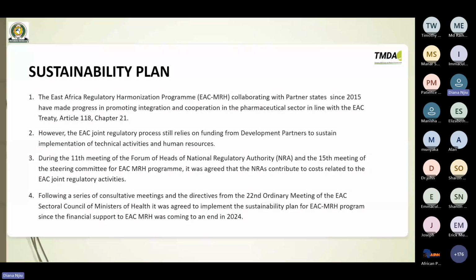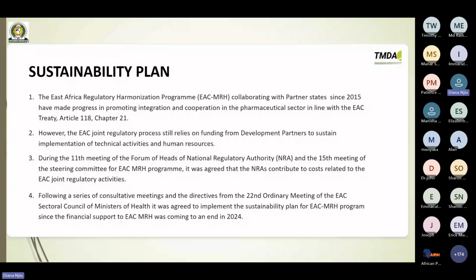Following a series of consultative meetings and directives from the 22nd ordinary meeting of the EAC Sectoral Council of Ministers of Health, it was agreed to implement the sustainability plan since the financial support to the EAC MRH was coming to an end in 2024.